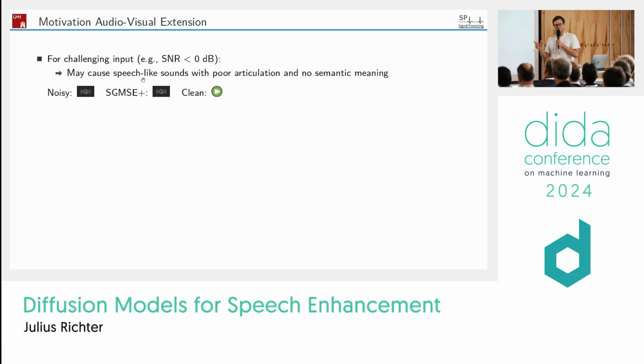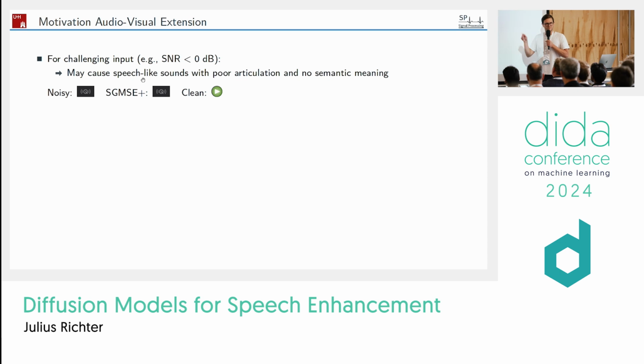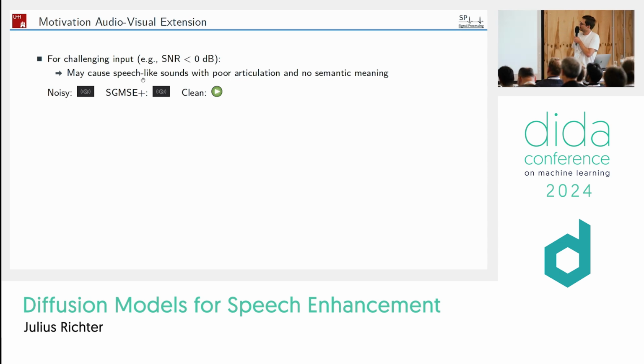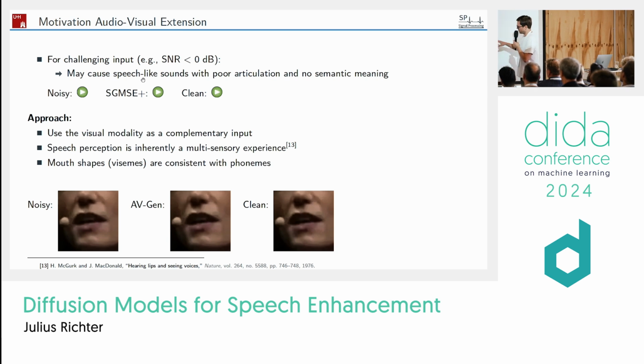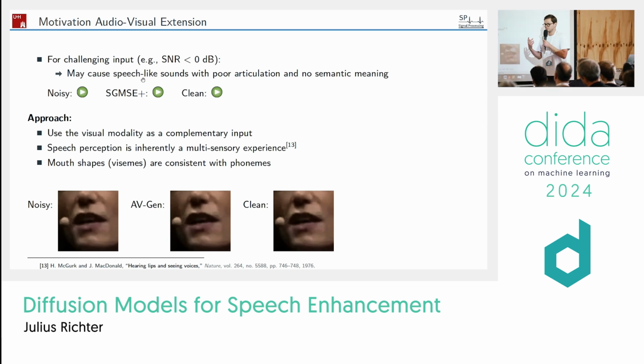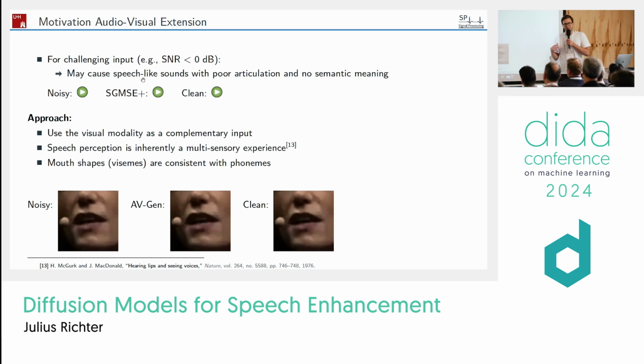So in the first part of the utterance, you could understand something, and then the second part it gets confused. So it's not really sensible. So this is basically the motivation for our audiovisual work, because you can see that the vision modality can always act as a complementary input, so that the world is inherently multimodal.